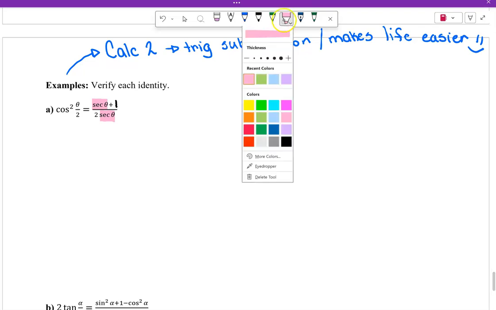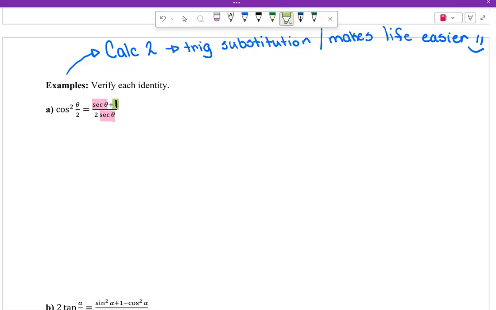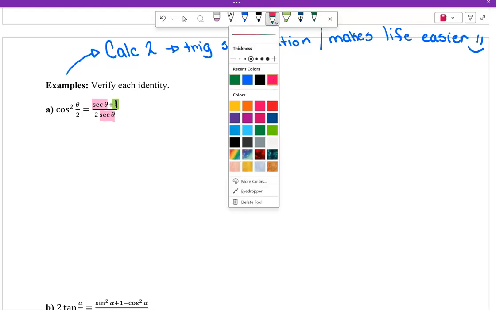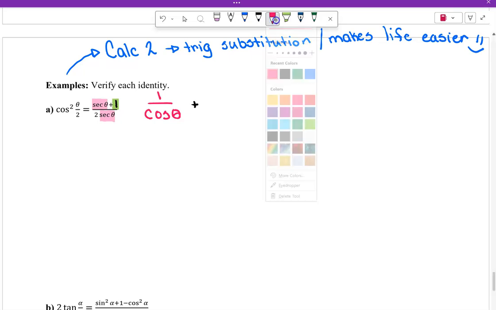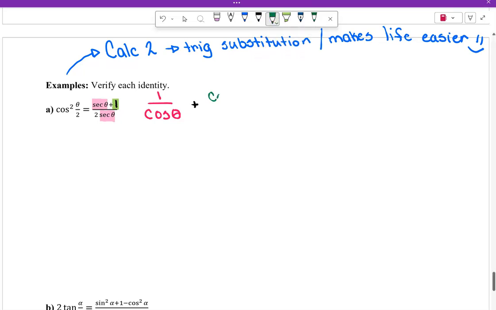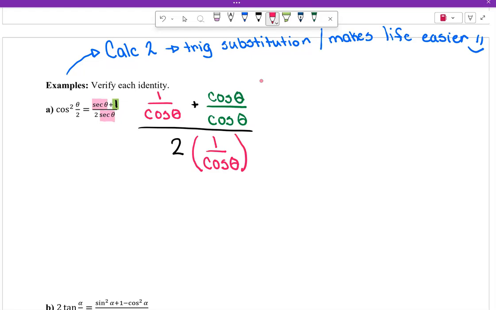In doing so, I'm actually going to go ahead and fix my 1. So we are going to have 1 over cosine plus, and I want to change that to cosine over cosine, then 2 times 1 over cosine.